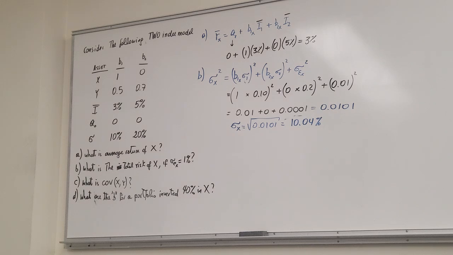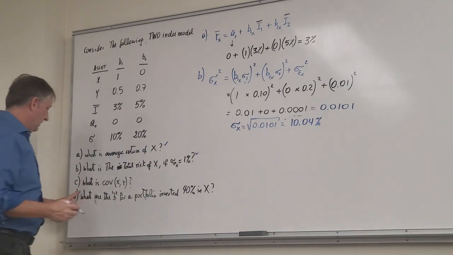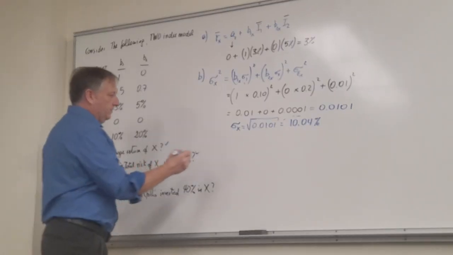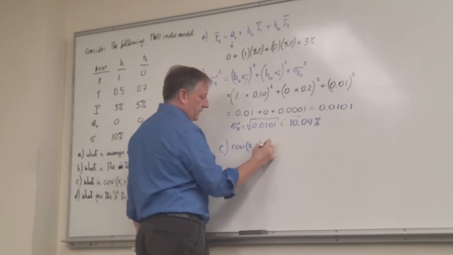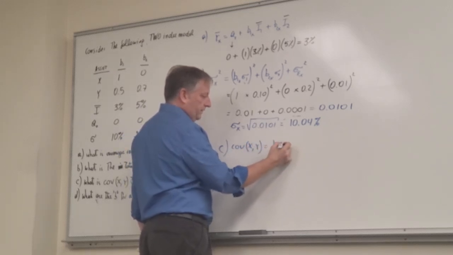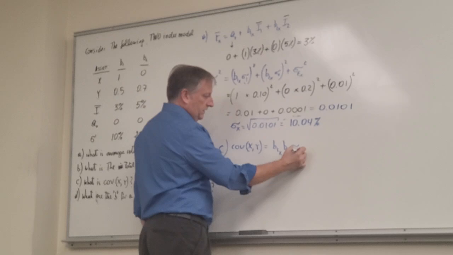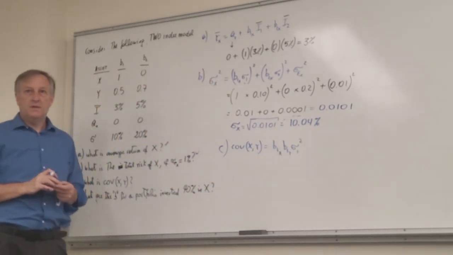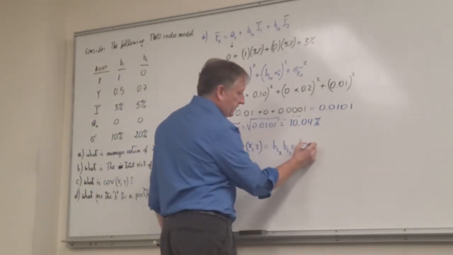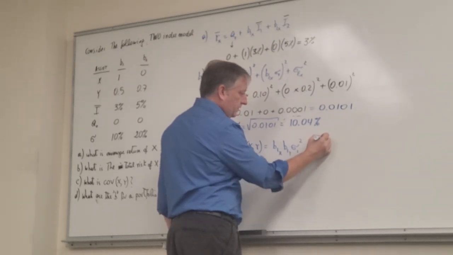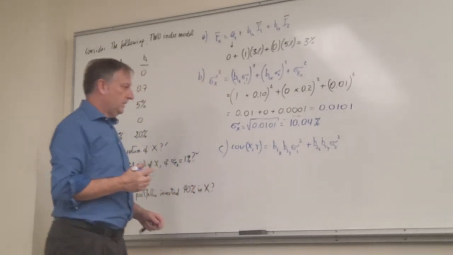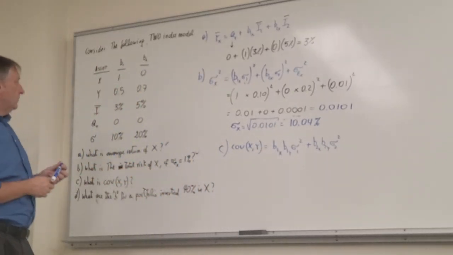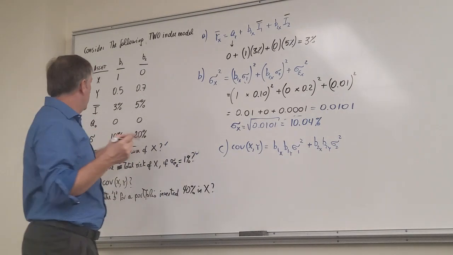Questions? So we took care of this one and this one. Let's look at covariance. What is the covariance between X and Y? It's b1 of X, b1 of Y, sigma 1 squared. Plus b2 of X, b2 of Y, sigma 2 squared. That's it. It's only two risk factors. So with the numbers in there, you have 1 times 0.5.